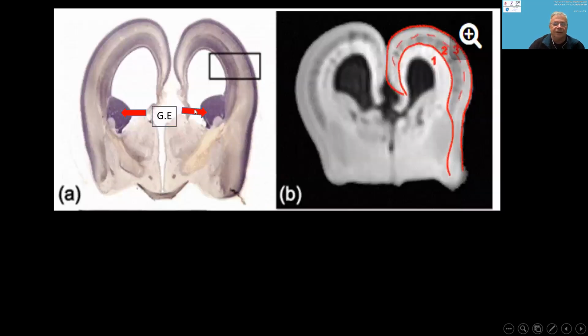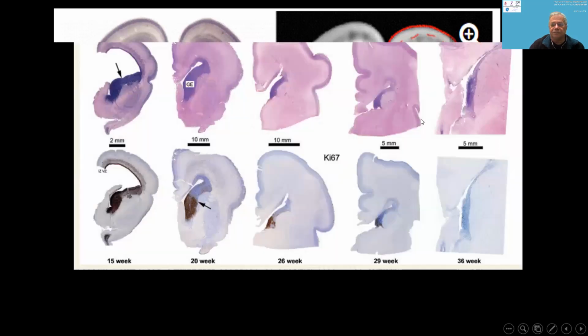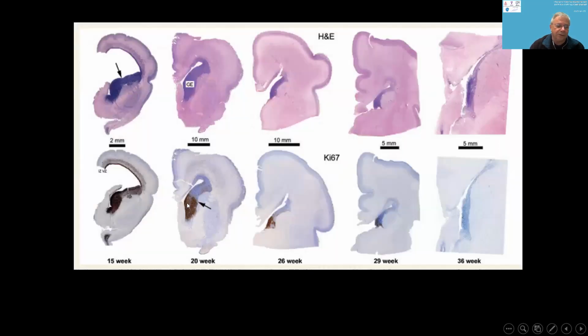Here is the ganglionic eminence according to the weeks: week 15, very large; week 20, week 26, week 29, week 36, and by about 1 year of life, they disappear.